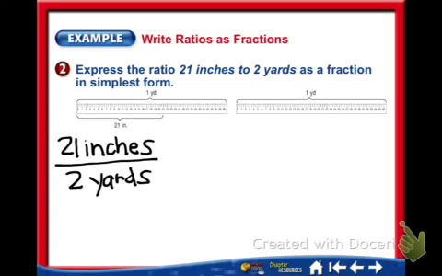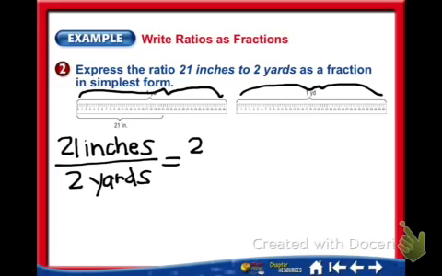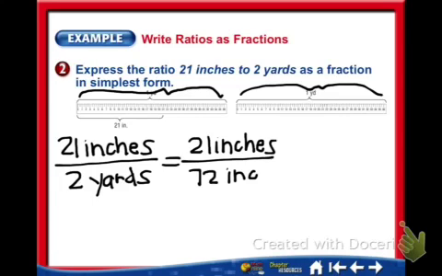First, convert 2 yards to inches. 1 yard has 36 inches, so 2 yards has 72. Now we can simplify. 3 can go into 21 7 times, and into 72 24 times.